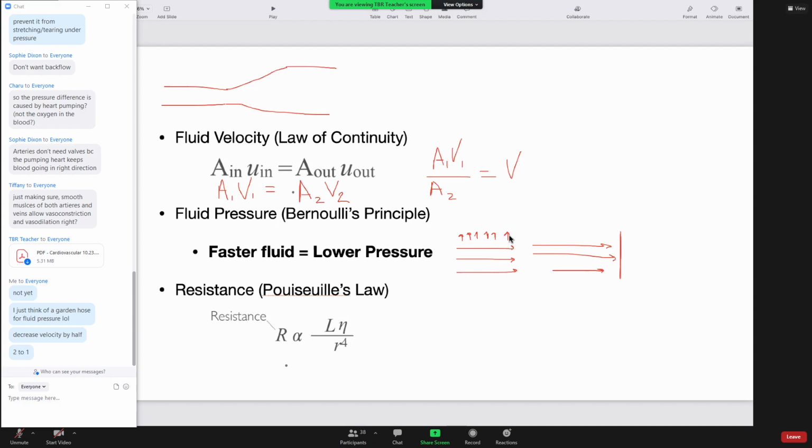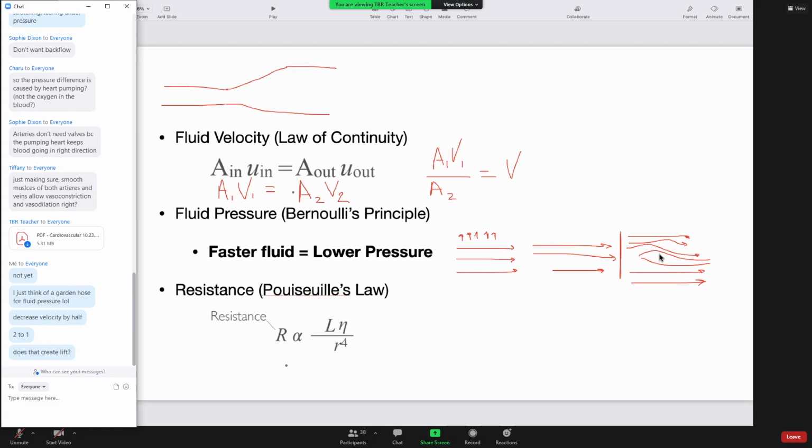We use Bernoulli's principle in planes. When we have a wing right here, we slow the air going underneath, and we speed up the fluids going above, thanks to the aerodynamics of the wing. There are different types of fluids: fluids can be gases or liquids, and those are both fluids. This is a plane wing; I'm not an artist by any means.